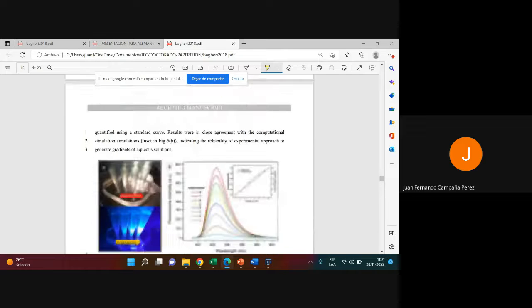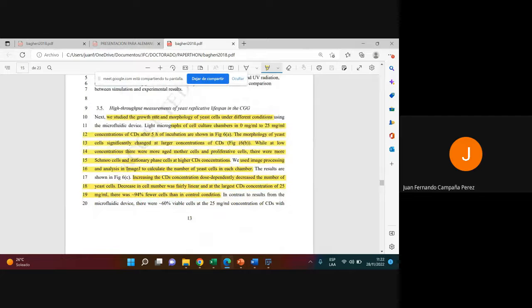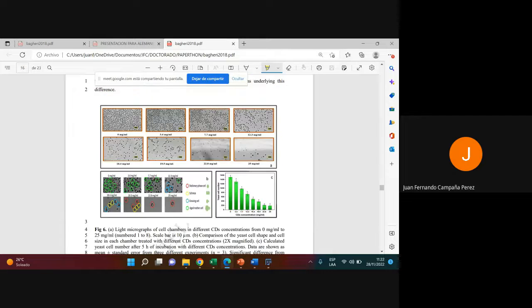And this one I found very interesting. They studied the growth rate and the morphology of the yeast cells under different conditions. They used light micrographs of these cell culture chambers between 0 to 25 micrograms per milliliter of these carbon dots after 5 hours of incubation, shown in this figure.